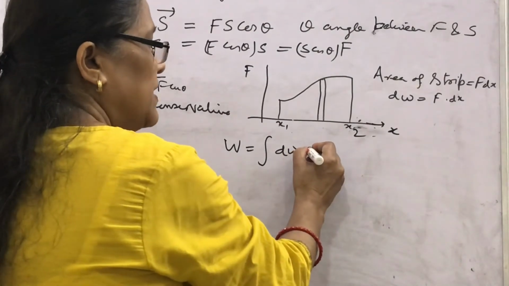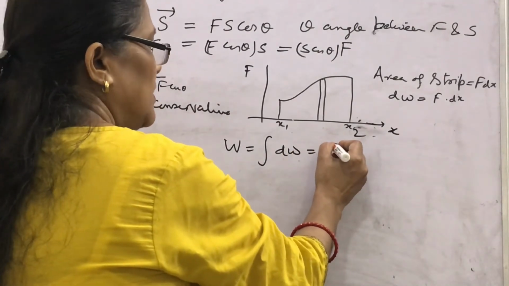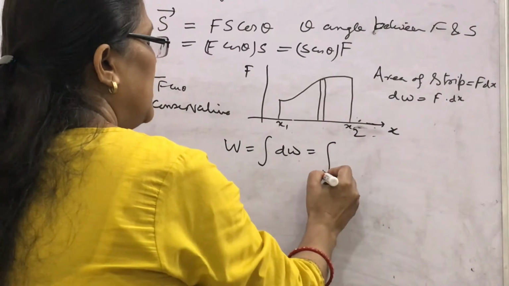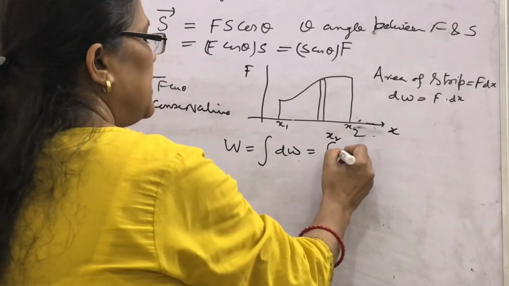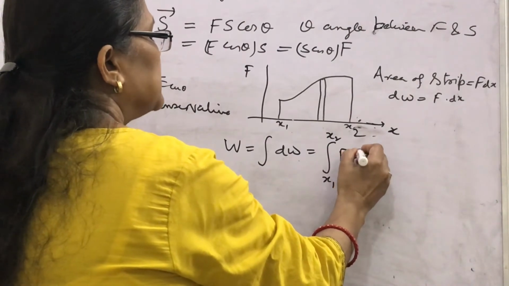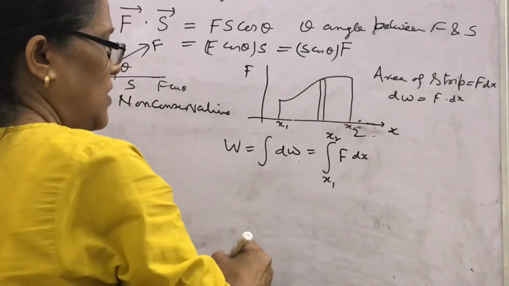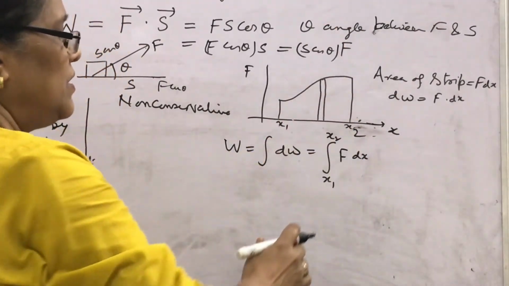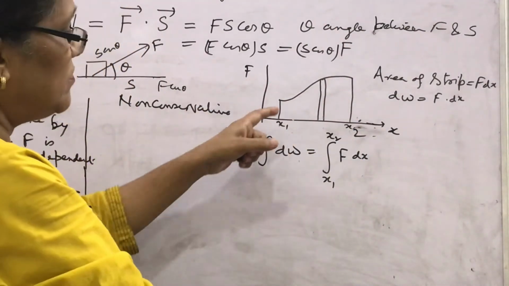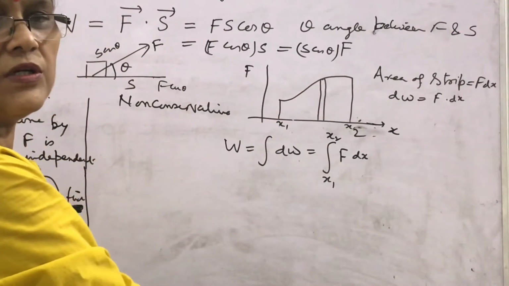So this is the integral of f dx from x1 to x2, and this will be the method to calculate the work done by a variable force.